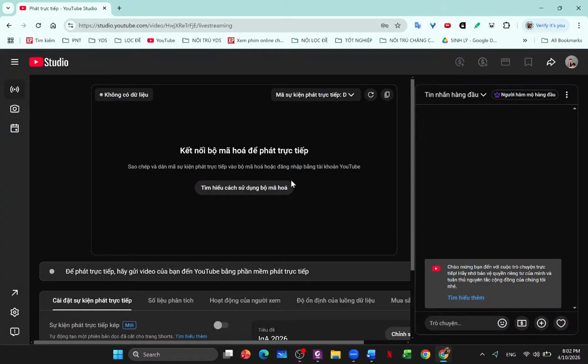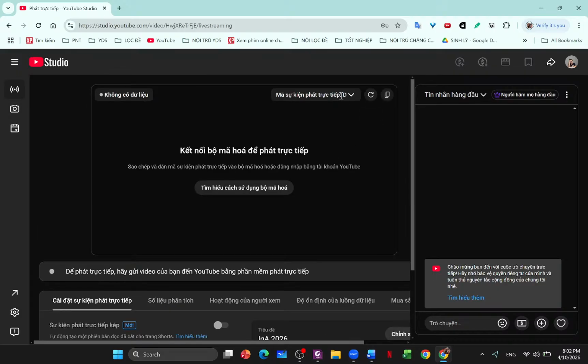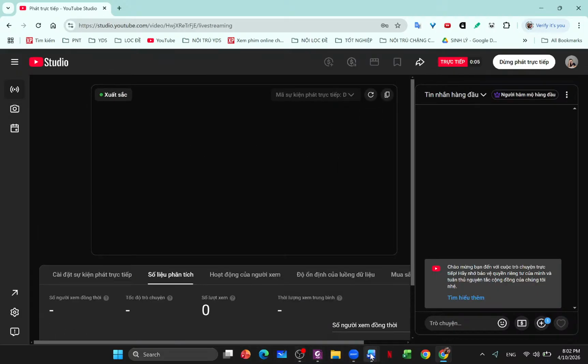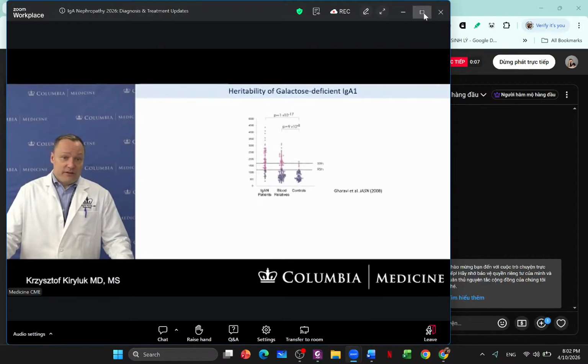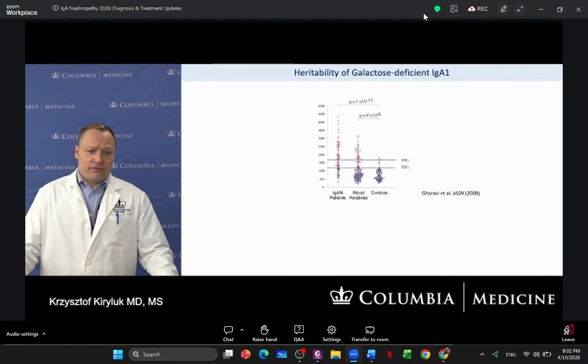by ELISA. So using these methods to measure deficient IgA1, back in 2008, Ali Garavi, who's actually the chief of nephrology at Columbia for many years before I became the chief, studied the GAL-deficient IgA1 levels in families of patients with IgA nephropathy.